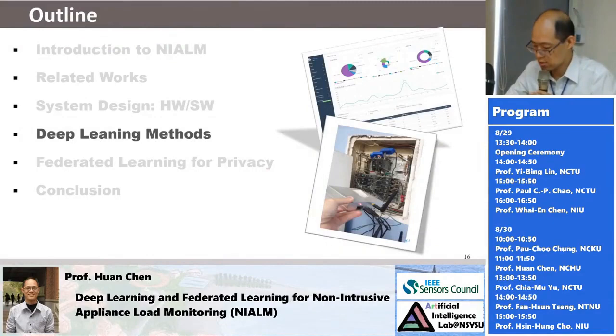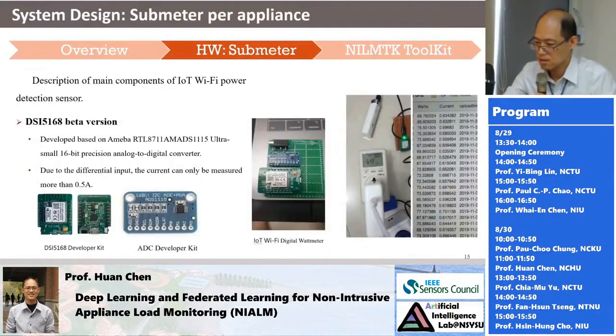As to the software, we use the NILMTK, which I introduced on page 11, so the audience can reference the pages. We put hardware and software together to collect data and perform the analysis.